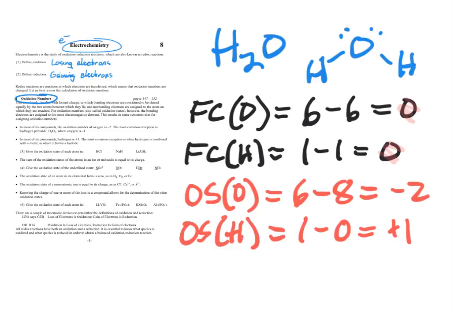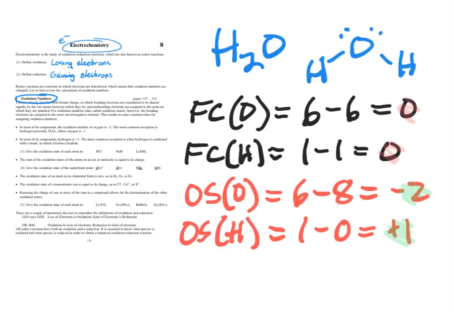Water is neutral, so it has a 0 charge, and the total charge accumulated from the oxidation state also will add up to the total charge of the molecule. So the oxygen has a charge of -2. Both hydrogens have a charge of +1, so that also adds up to 0. So the sums of the formal charges have to add up to the overall charge on the species, as does the sum of the oxidation states.